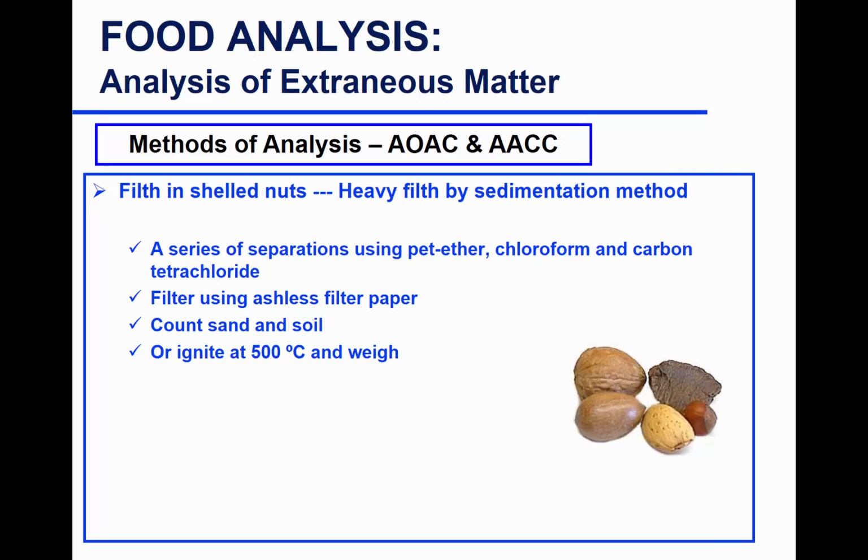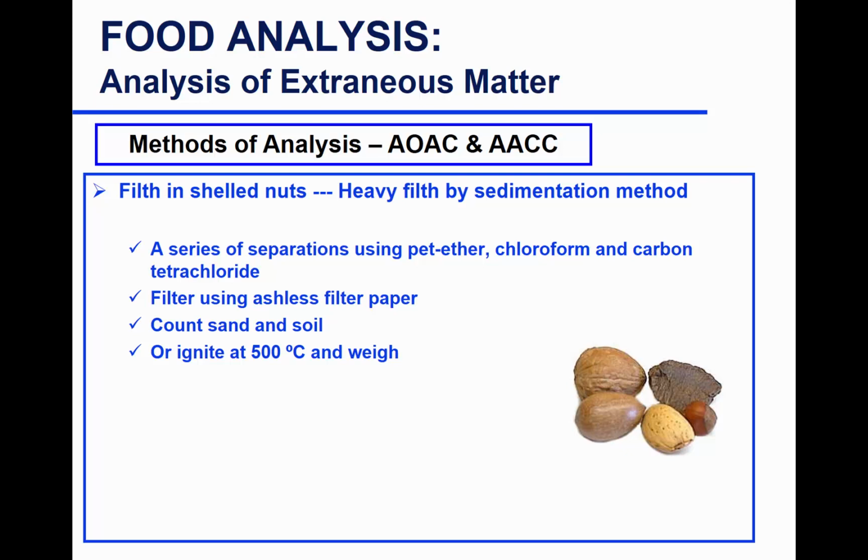Now let's say you have nuts. You de-shell the nuts and defat them using petroleum ether, chloroform, and carbon tetrachloride. Then the defatted nut will float to the top, and the heavy filth will sediment. You take the sediment and filter it using ashless filter paper.